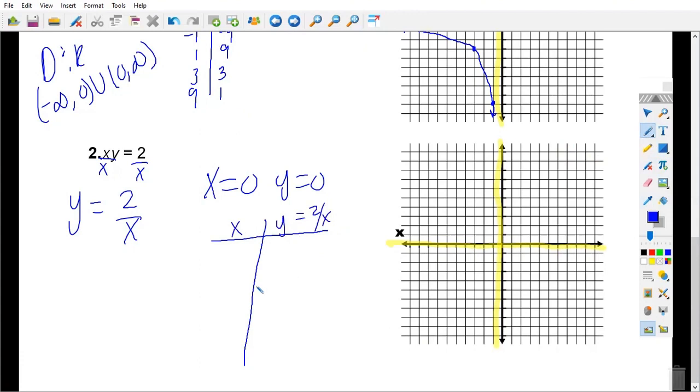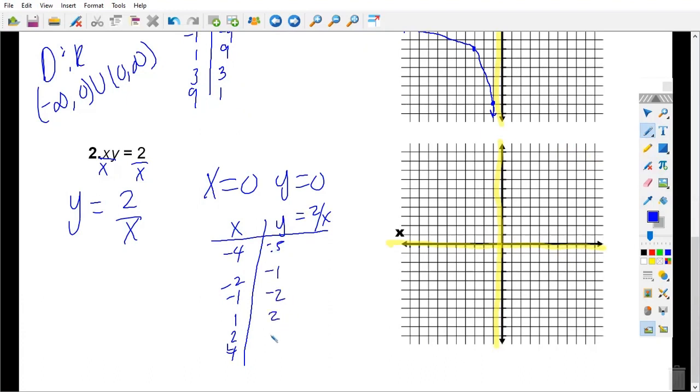All right, so thinking of numbers that are easy with 2, I would probably just use -4, -2, and -1. 1, 2, and 4. So I got -0.5. I got -1. I got -2.